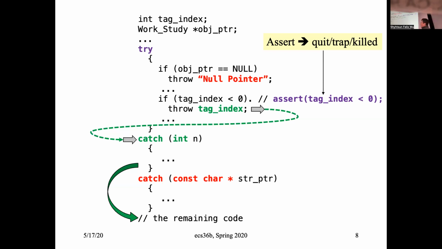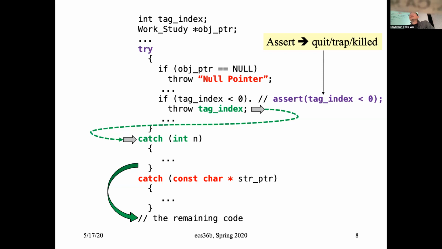How the catch is matched is based on the function signature of the input argument. Whatever matches, it will execute that one, and after that, it's going to continue executing the remaining code. Okay, all right. Any question about this particular diagram and the basic usage?